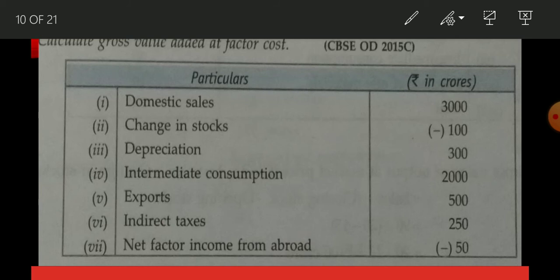So try to find out the value of GVA MP. Okay, how will you do it? For getting the value of sales, you add domestic sales plus export, so you are able to get the value of sales. From that you will subtract the value of intermediate consumption. Okay, let me start.